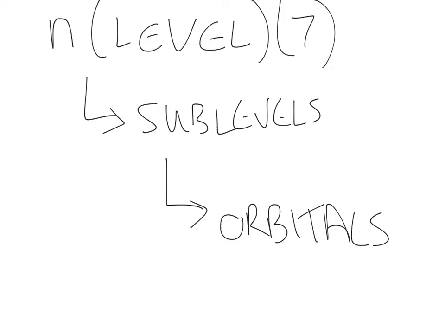So if an element is level 1 and it has an S-shaped cloud, we would say that's 1s. Now the S in this case would be the shape, which would include in this case the sublevel and the orbital. S clouds, as you saw previously in the video, are sphere shaped, and there's only 1 of them per level.